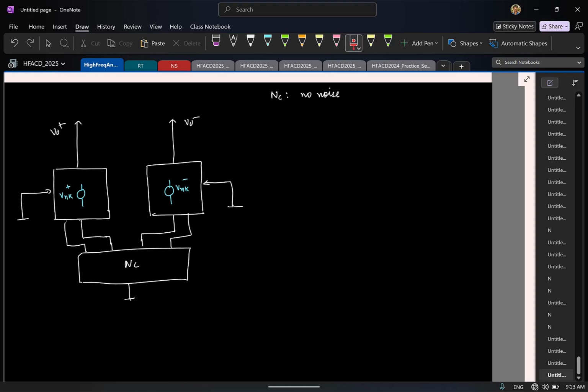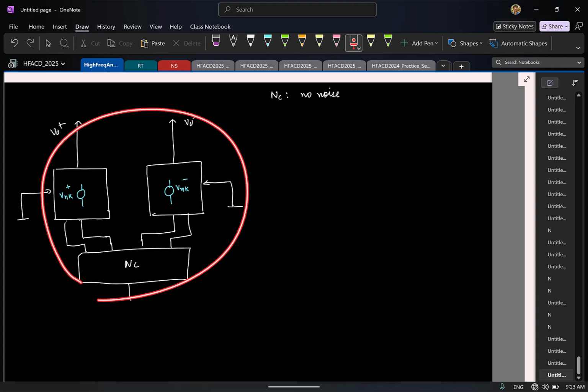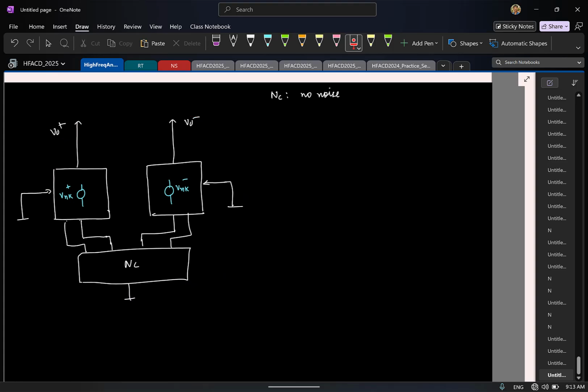So now tell me, I have a fully differential system like this. I have two inputs. I need to find the output voltages. What is the best way to solve? Superposition you can do for any linear network, but on top of the fact that this network is small signal linear, I also know that this is a symmetric network and differential like this. So what can I do? I can look at half circuit. So as usual I'll consider half circuits.